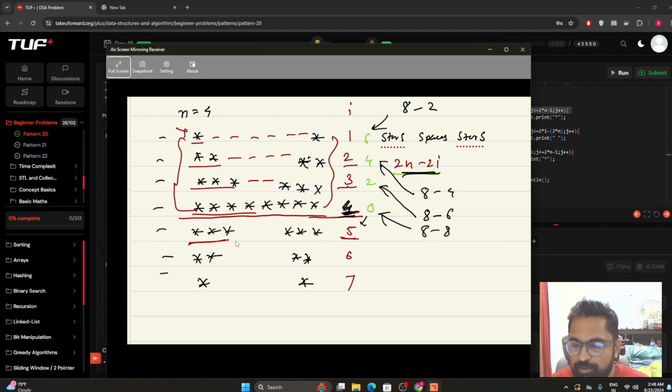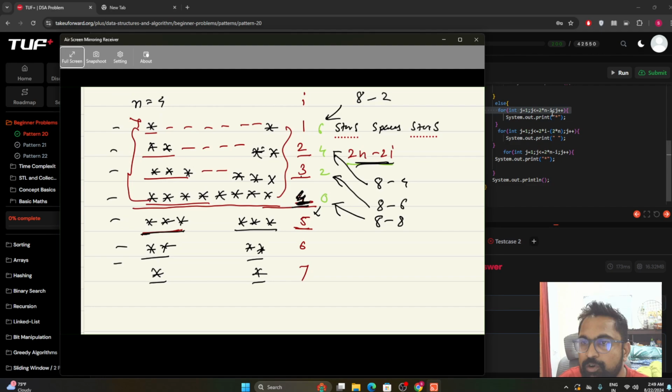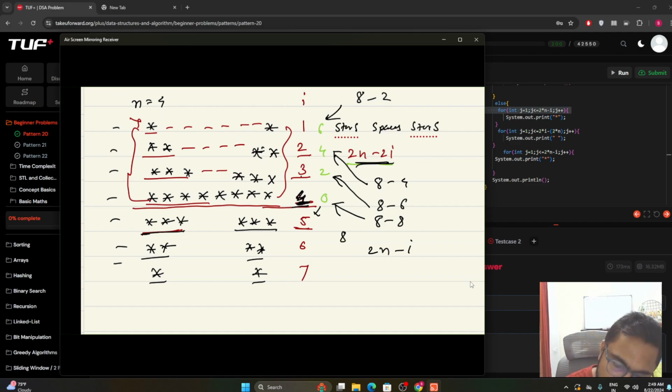For printing stars, here there are 3 stars when i equal to 5, then 2 stars when i is 6, and 1 star when i is 7. What is the formula we have to write? 2 into n minus i. 2n is 8, minus i is 5, so it is 3 stars.